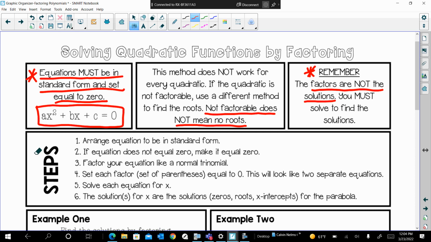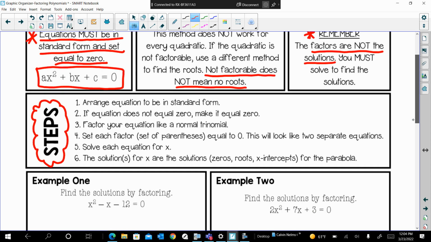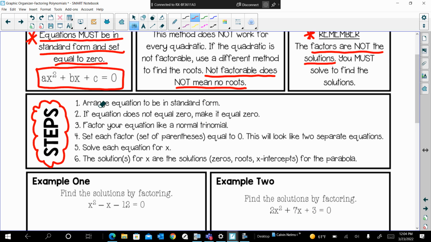So these steps here, these 6 steps, that's what we're going to follow and apply. So the first step is they want you to arrange the equation in standard form. That means it should go from highest exponent to the smallest one. So I just added that note. Has to be highest exponent to smallest.